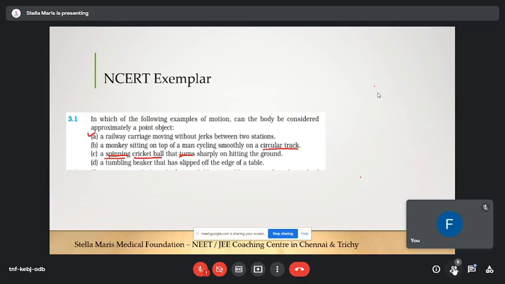See, for the tumbling beaker, they have said the beaker only, but they have not mentioned the size, and the beaker could be of any size. You understand, no? Yes, sir. So let's say this is the ground, this is the table.